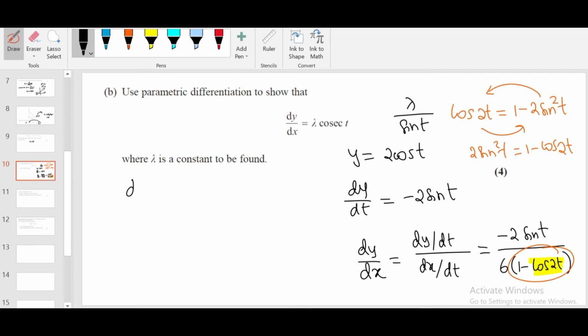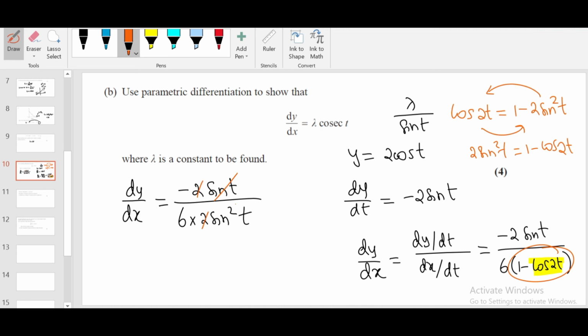So it's going to be dy over dx is equal to minus 2 sine t divided by 6 times 2 sine square t. Cancel 2, cancel a sine t, you will get minus 1 over 6 sine t. So minus 1 over 6, 1 over sine t is cosecant t.